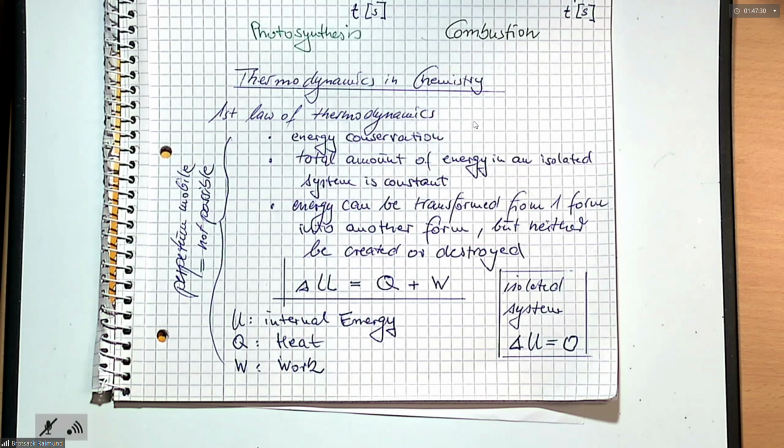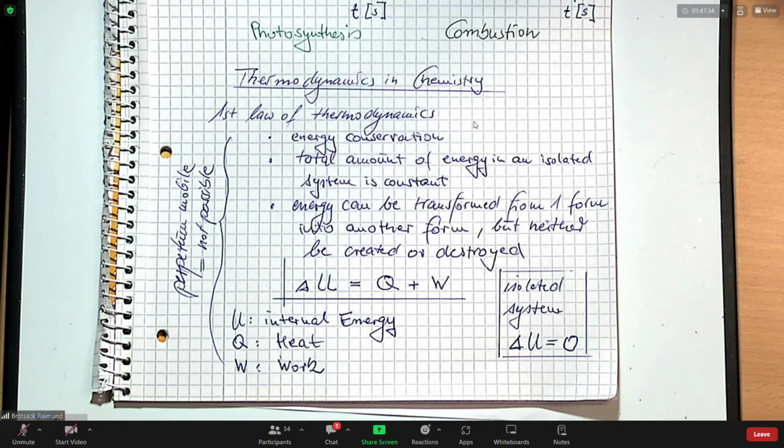In the sun, what happens there? The sun is a hydrogen star. 75% of the mass of the sun is hydrogen. Something like 23% is already helium.